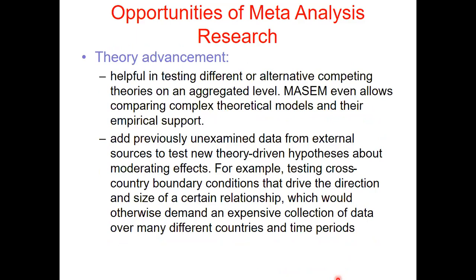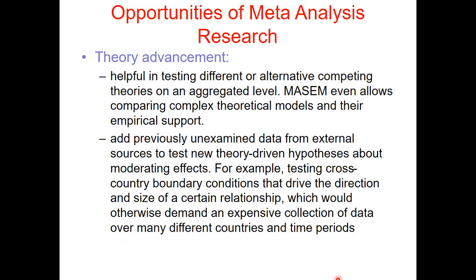Okay. Then there's, of course, theory advancement. If you want to have some theoretical advancement and contribution, we'll be able to test different or alternative competing theories on an aggregate level. Okay.